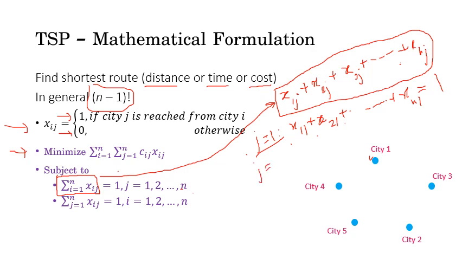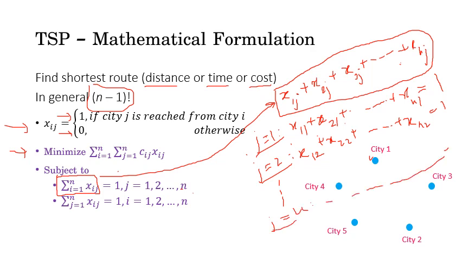Similarly, for j equals 2, we get another equation saying x12 plus x22 plus and so on up to plus xn2 equals 1. And I have to continue this till j equals n. Okay, then I can continue writing equations.